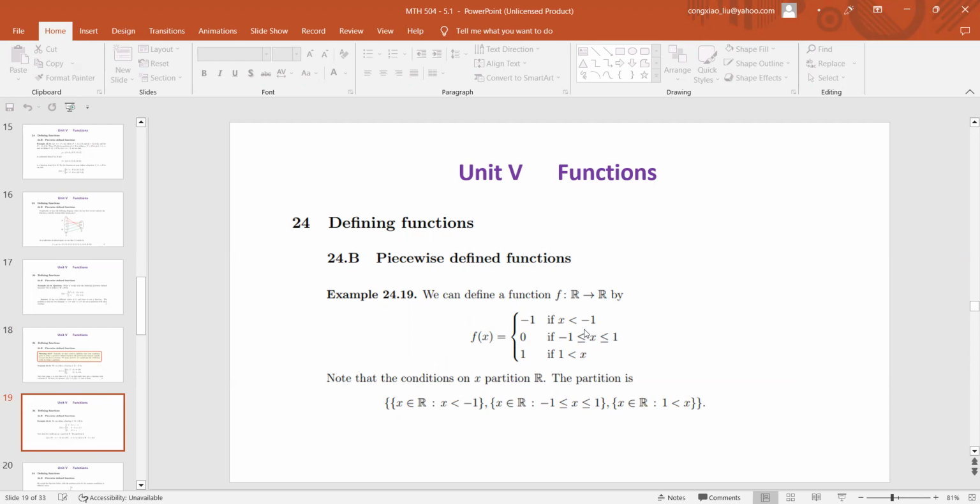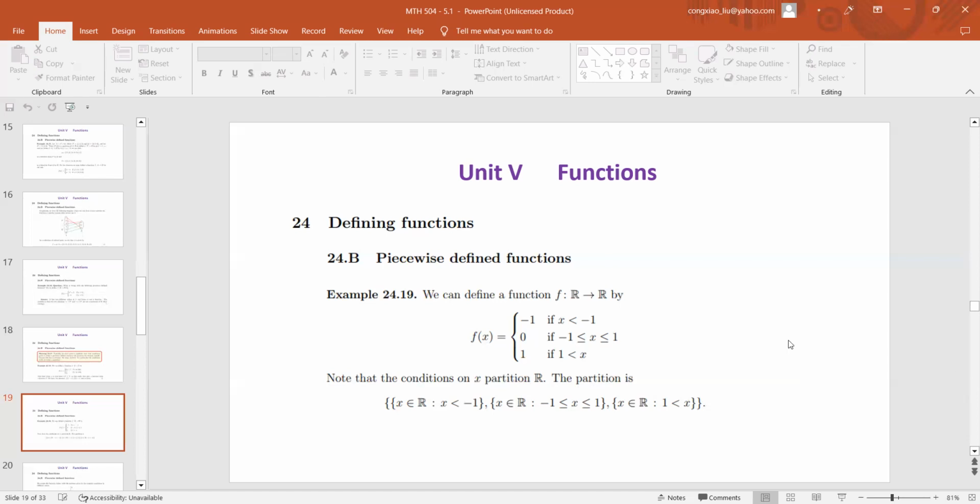There's no overlap for any two of them, and also the union of these 3 subsets is the whole set. So this function is well defined, and the partition is three sets: x belongs to R with x less than -1, x belongs to R with -1 less than or equal to x less than or equal to 1, and x belongs to R with x greater than 1.